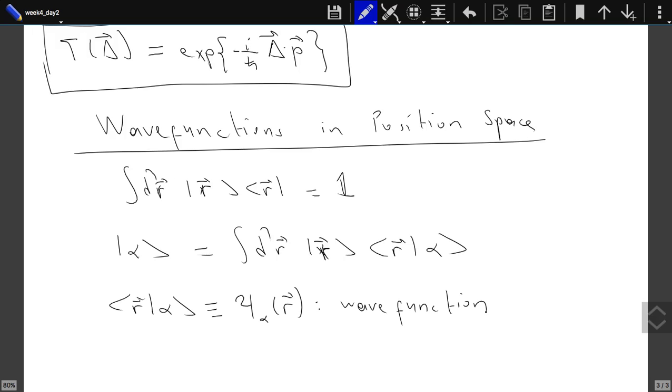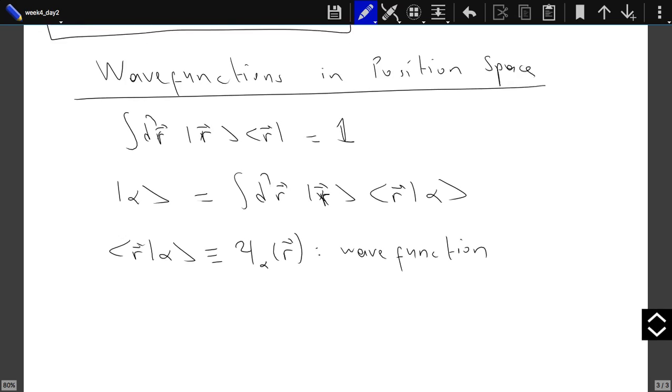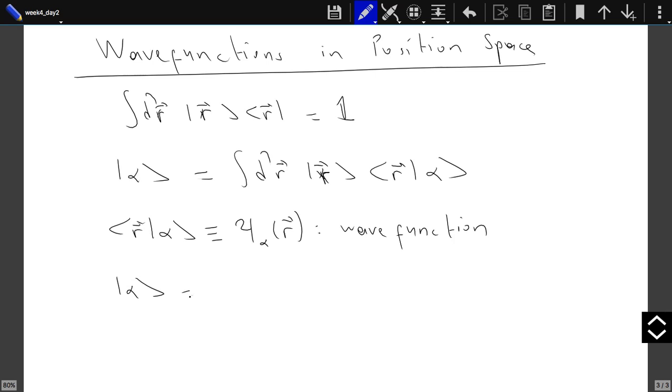You see, wave functions are nothing but the expansion coefficients of our kets in terms of position kets. So you see, alpha is just the integral d cubed r, |r> psi alpha of r. The integral is nothing but a summation.